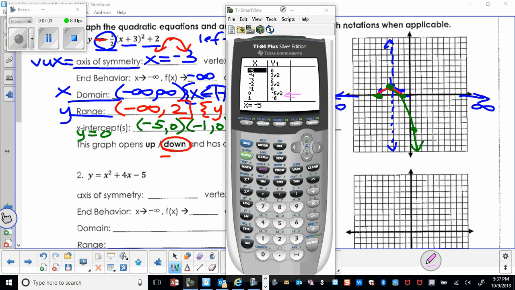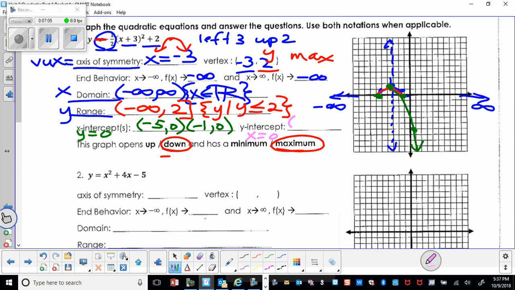Y is -5/2. Okay, so when x is 0, y is -5/2. And that would be the y-intercept. Okay, that would be down here. The y-intercept is on the y-axis. And that is all those questions there. All right, so that is number 1. Now you can go ahead and try number 2.